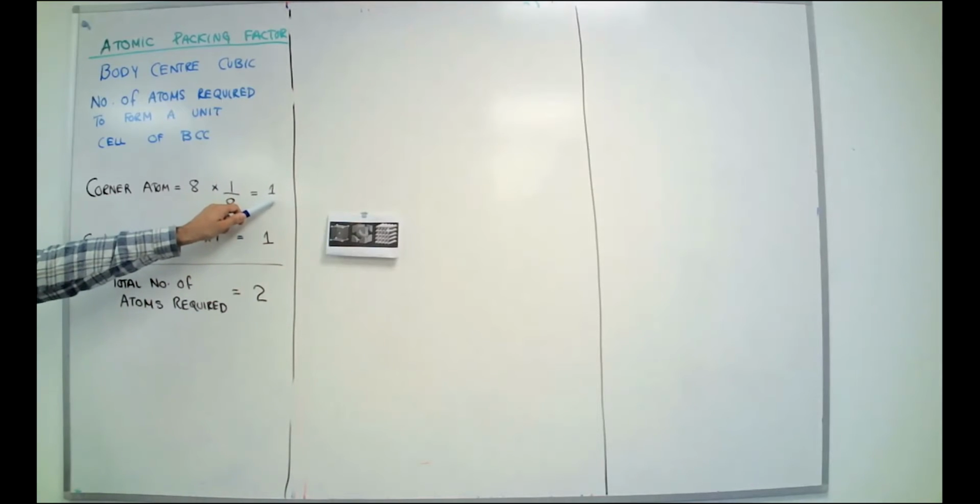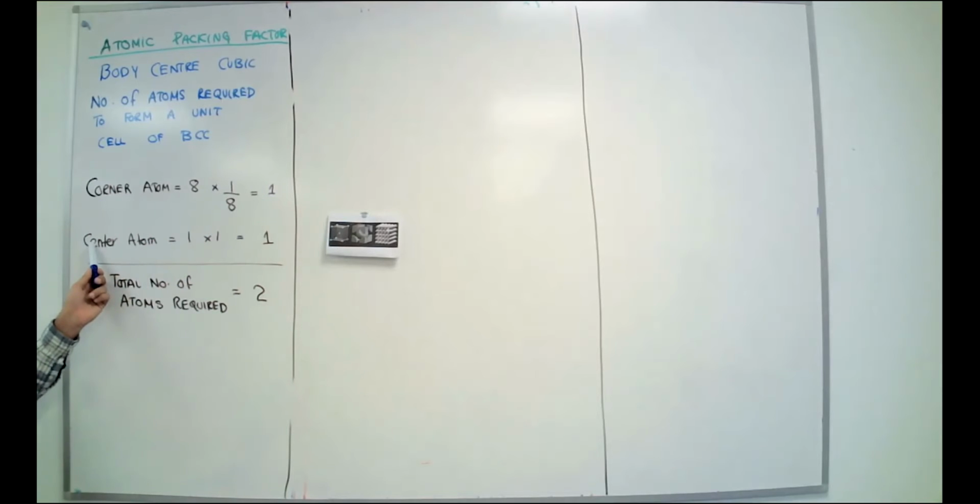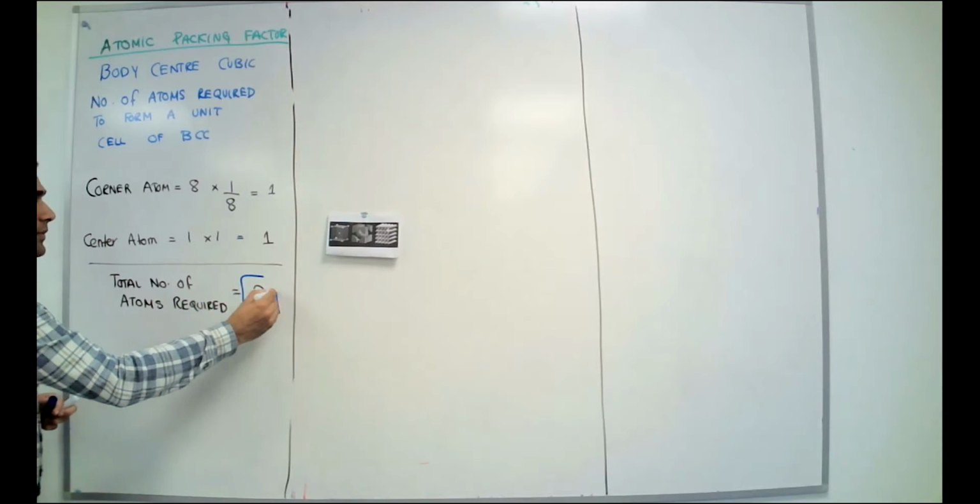So if I add all the corner atoms, I will have 1 sphere. The center atom is just 1 atom, and all of it belongs to that unit cell. So the total number of atoms required to form the unit cell of a body-centered cubic is 2.